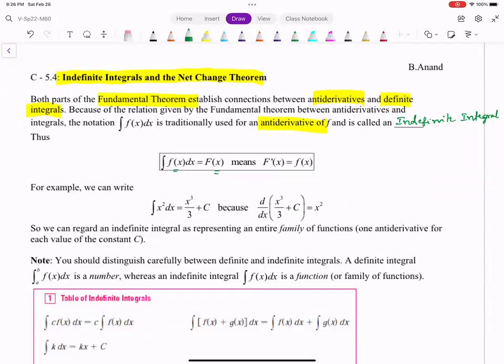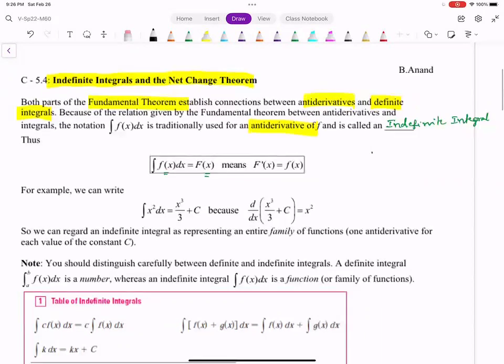For example, we can write integral x squared dx as the antiderivative x cubed over 3 plus c, because if you take the derivative of the answer, x cubed over 3 plus c, let's do that on the side. Actually, we are doing the derivative of the antiderivative, so we have to do the derivative one term at a time.